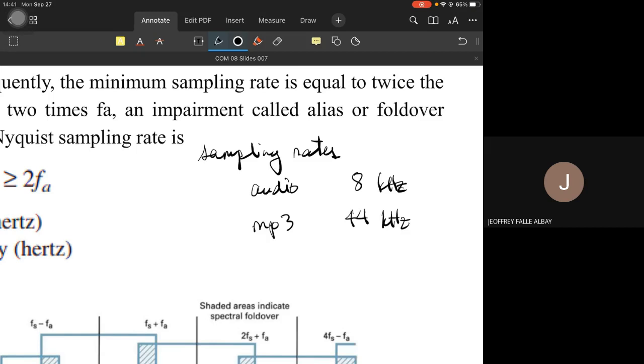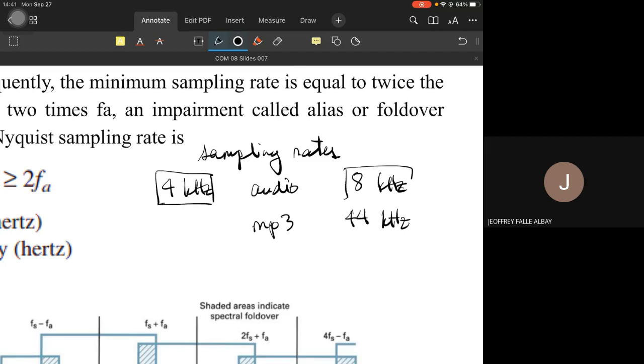So, audio signals are sampled at 8 kilohertz because the maximum frequency for audio signals is 4K, no? 4 kilohertz man ang maximum frequency for voice in audio signals. So they are sampled at a sampling rate of 8.